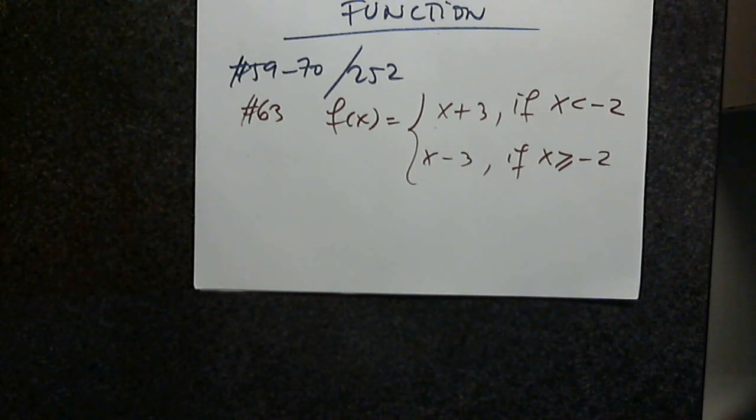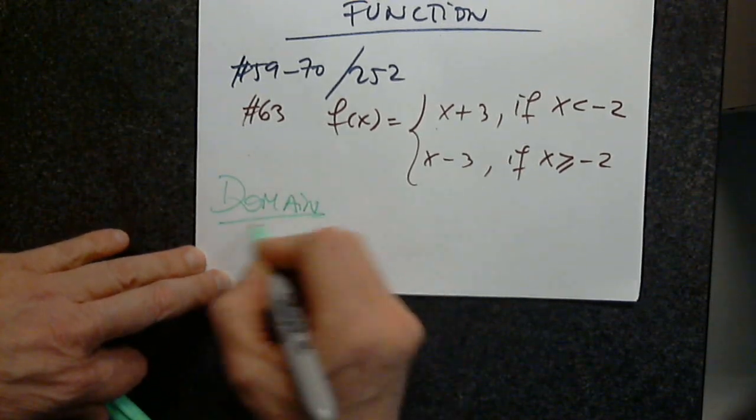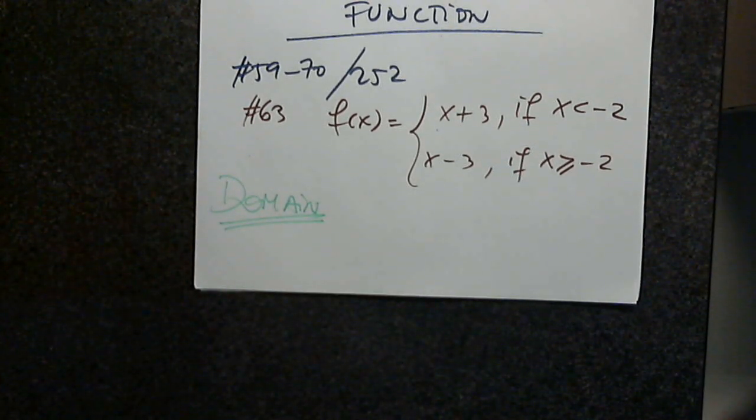What kind? How many minutes I have? Well, that's the domain. So any time I am asked to graph a function or analyze a function, the first step is domain. Mandatory domain, first step.